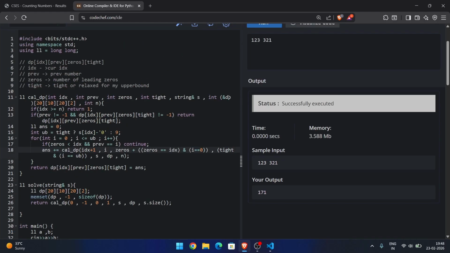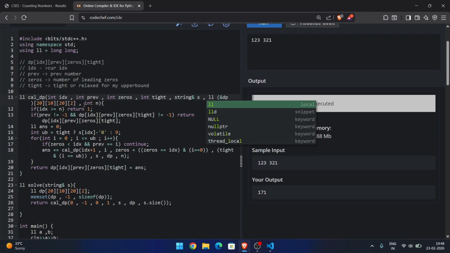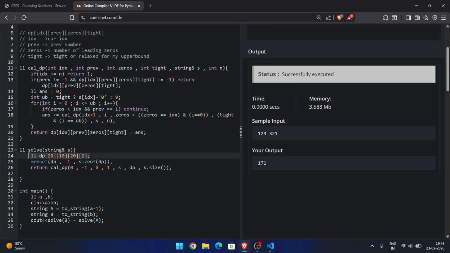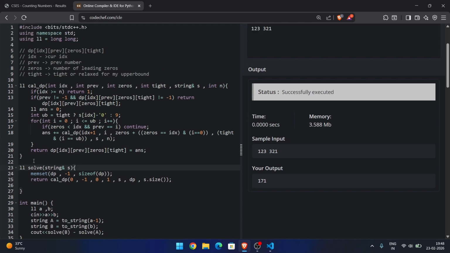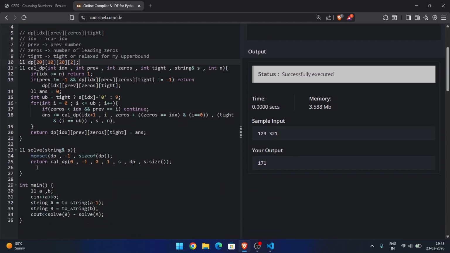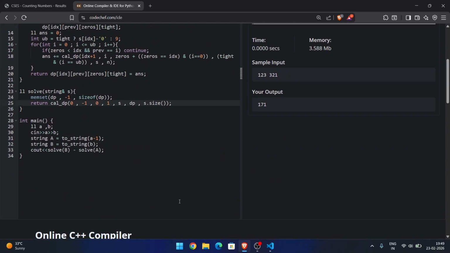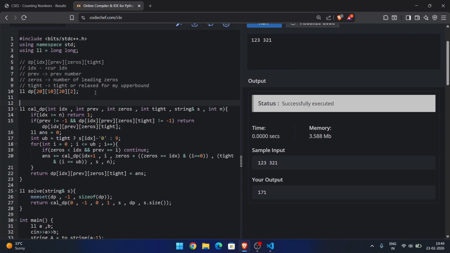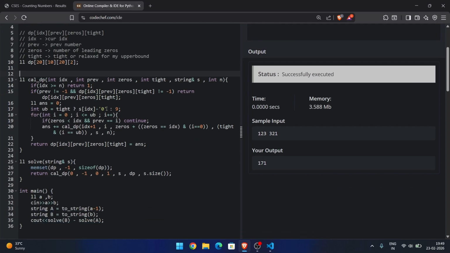We have to define it in long. Okay, let's erase this. We would make it a global DP, because it's not a good practice to pass an array as a reference. You can pass a vector as a reference, but it's never a good practice to pass an array as a reference. So we will define it globally and set DP.